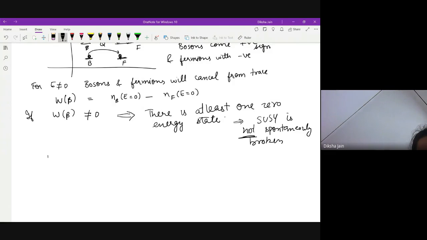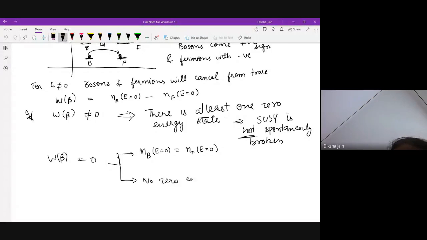But if the Witten index is zero, it can occur from two different cases. One is that the number of bosons at zero energy is equal to the number of fermions at zero energy, or there is no zero energy state. Only in the latter case do we know that supersymmetry will be spontaneously broken.